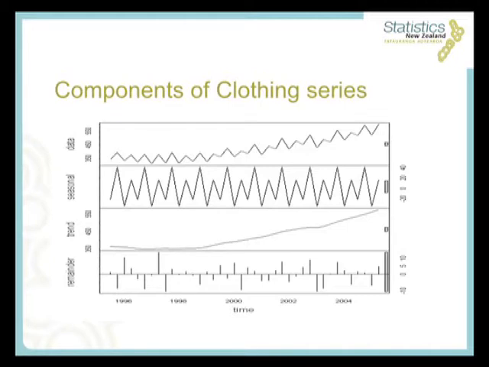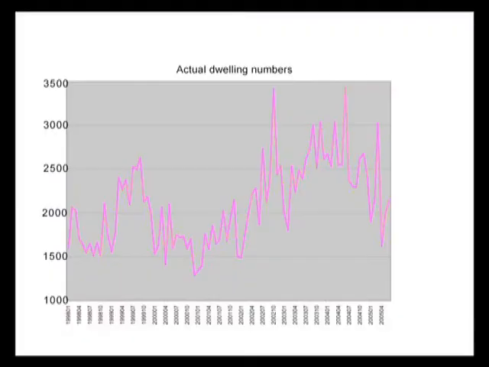So we can use the seasonally adjusted and the trend lines to explain what's happening in the series. We'd use a seasonally adjusted value to compare this month's value, or this quarter's value, with the previous one. What we'd use the trend for is to compare over a long term, to see what the long-term movement is.